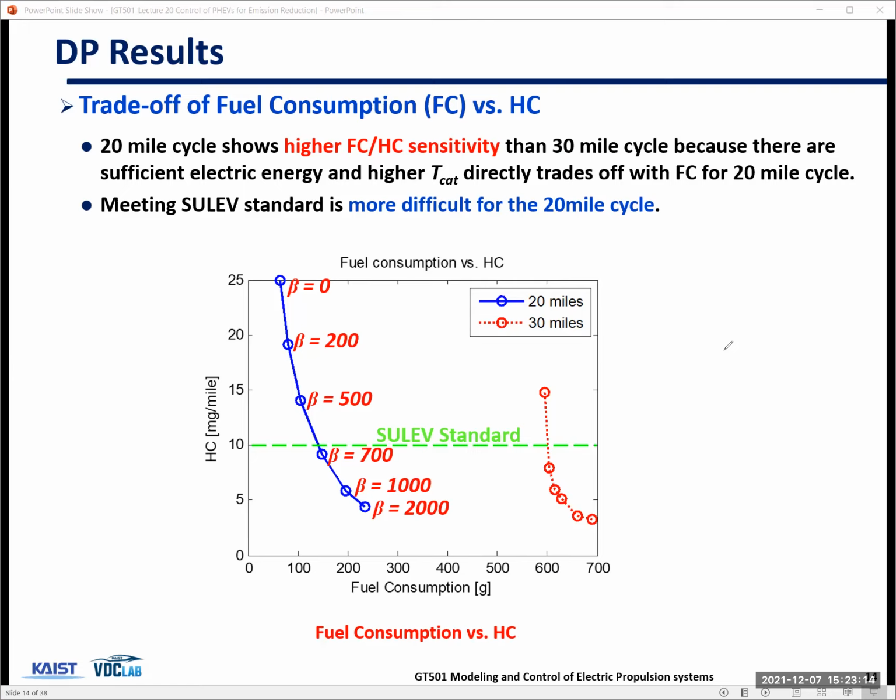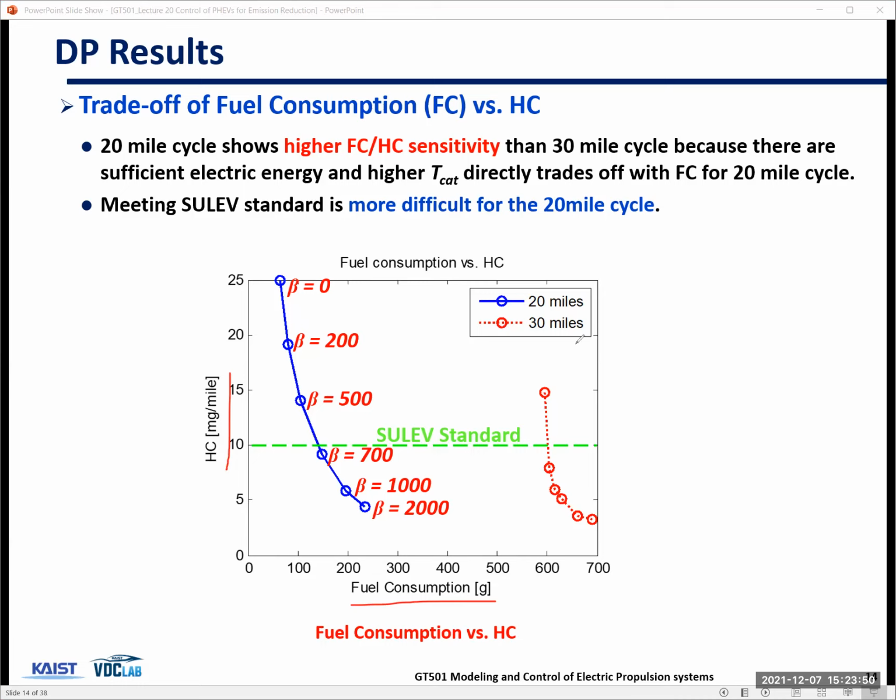To make sure your converter temperature is hot and readily available when you start the engine, from the emission perspective, you need to consume more fuel, right? Because you need to use more engine, okay? So maybe there is a trade-off between fuel economy and emission. That was the hypothesis, and these results clearly show that trade-off, okay?